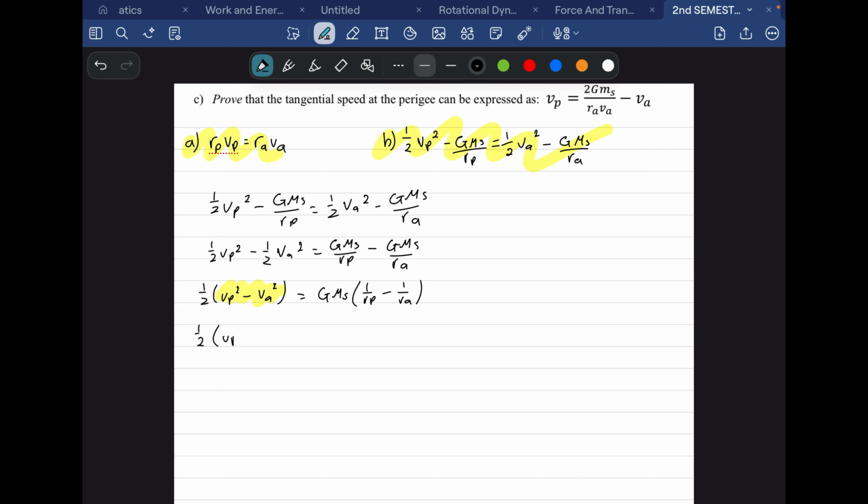So this is just V perigee minus V apogee times V perigee plus V apogee, right? Mass of the sun. And then I'll cross multiply to get a common denominator, which should produce RA minus RP over RP RA, right?